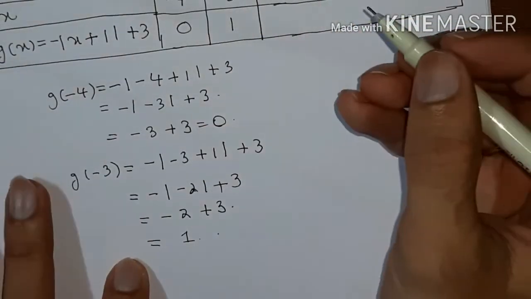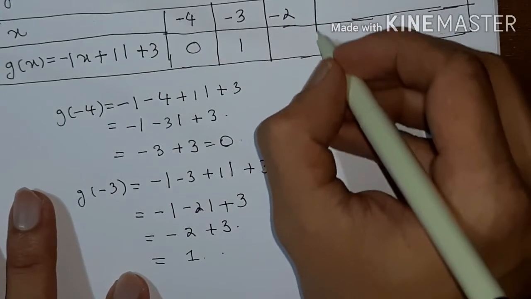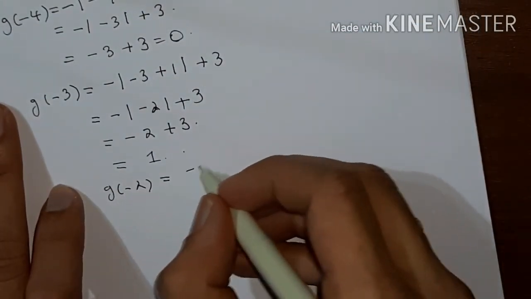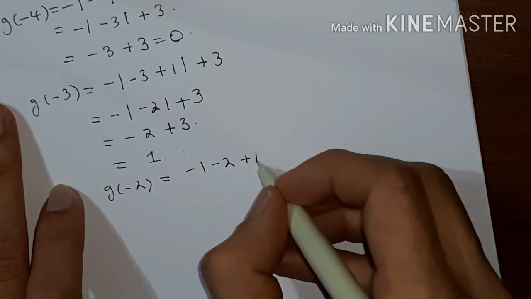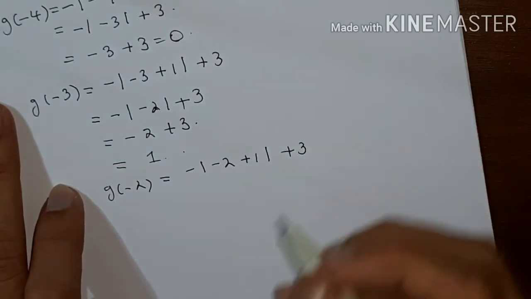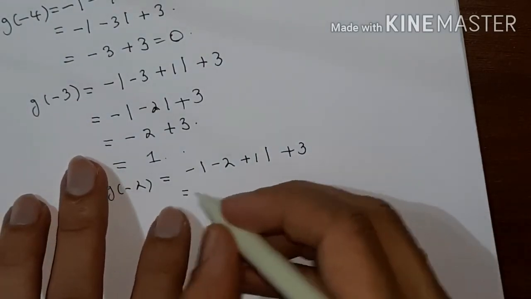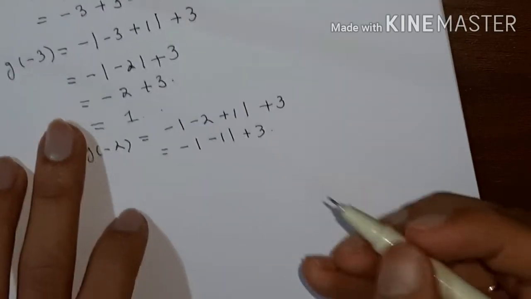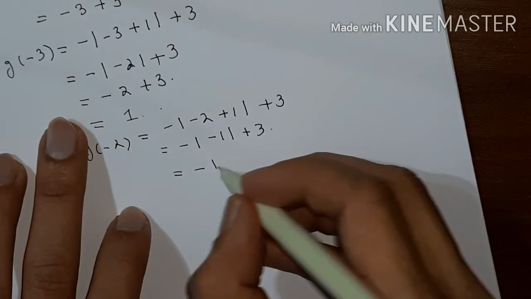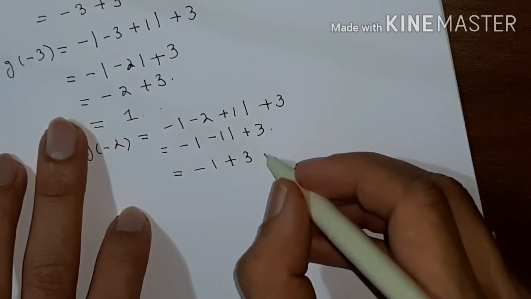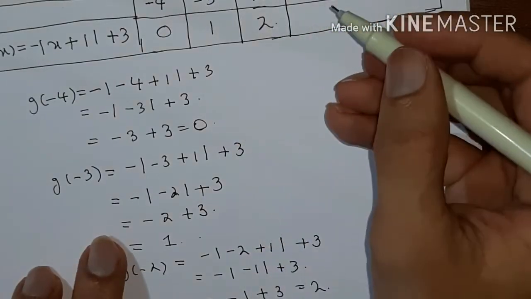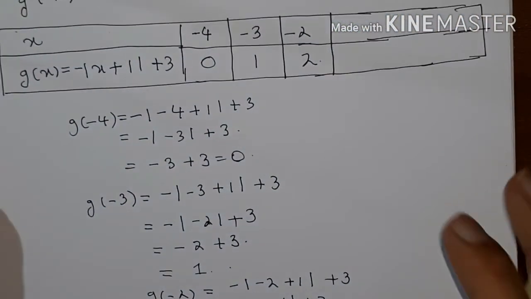So 1 you will get. Then if you take minus 2, what will you get? g of minus 2 is minus of modulus of minus 2 plus 1, plus 3. Then minus of modulus of minus 1, plus 3. So that is minus 1 plus 3, which is 2. So at minus 2 the function has the value 2.